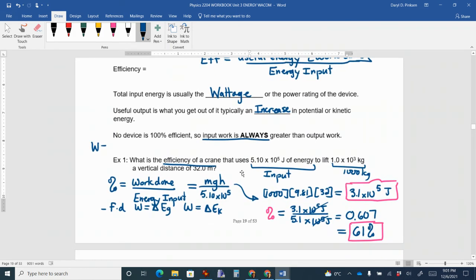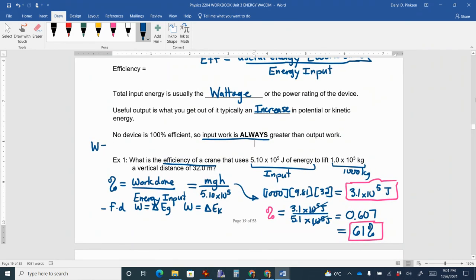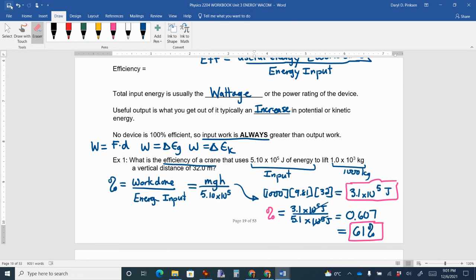Forgot to hit save or something. So that work is supposed to be force times distance. The work is a delta EG. The work could be the delta EK. And now I got to erase these little thingamajigs down here. There we go. And hit save so they don't drift after that.